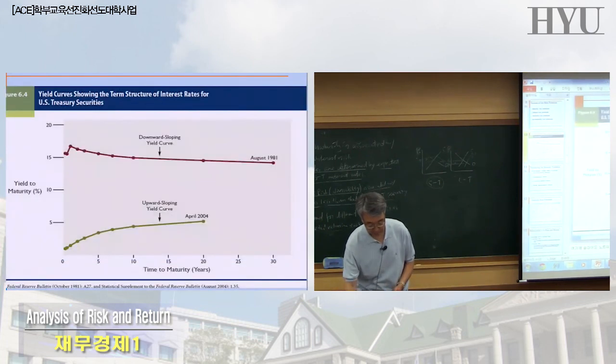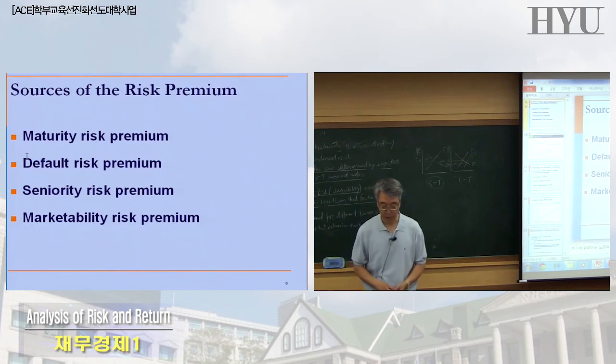As you see here, even treasury securities have to pay higher interest over the longer term maturity security. So there will be no difference in maturity premium between the treasury bond and corporate bond, okay? But default risk will be a lot higher in the corporate bond over the treasury bond.